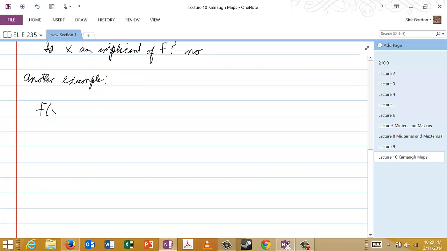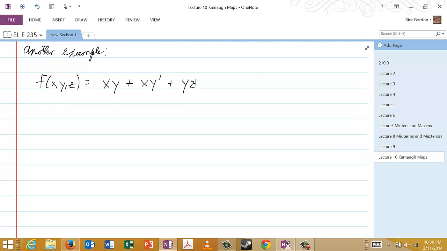Let's say this time that f of x, y, z is equal to xy, or xy prime, or let's say perhaps yz. Now you might turn off the video for just a moment and try to identify the implicants of f, and then we'll resume.